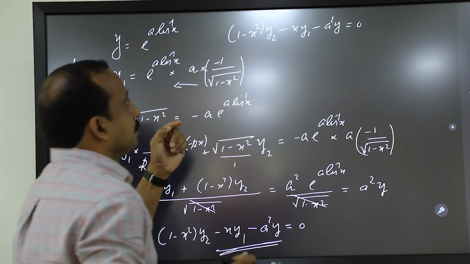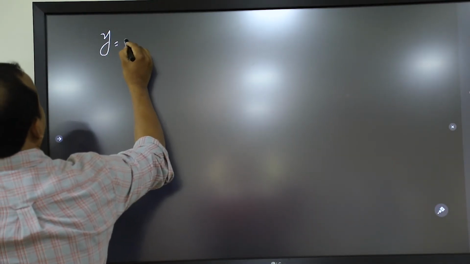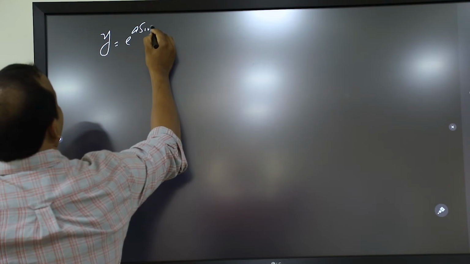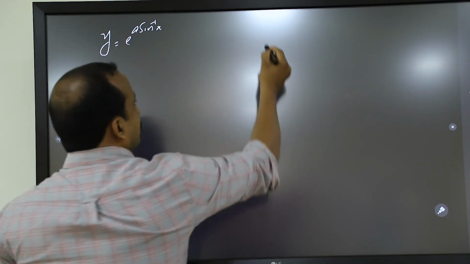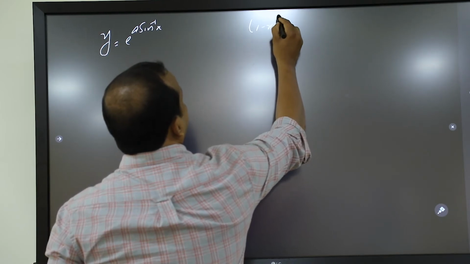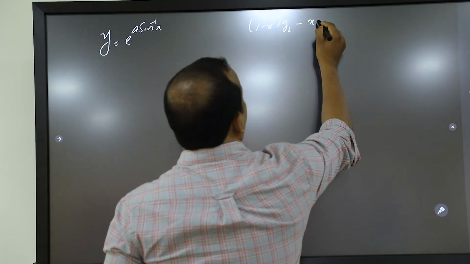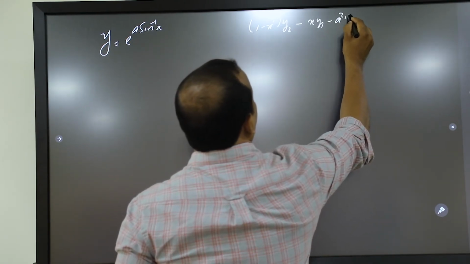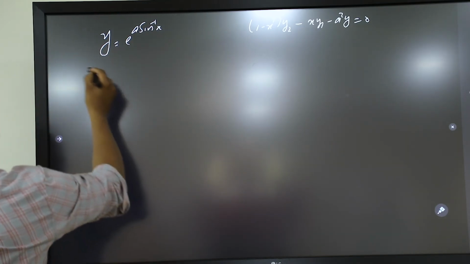Okay, now let's discuss one more question similar to this type. y is equal to e raised to a sine inverse x. Prove that 1 minus x square into y2 minus x into y1 minus a square y is equal to 0, which is also similar to our previous question.